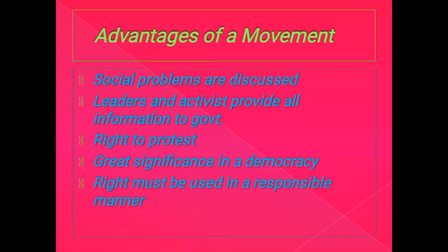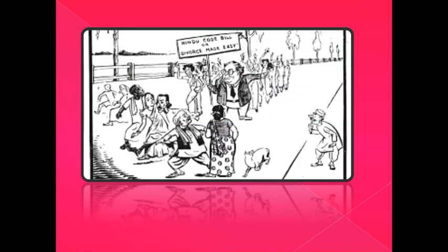However, this right must be used patiently and in a responsible manner, and people can use this right in a proper way. You can see people in the slide opposing something and telling that whatever right can be followed.